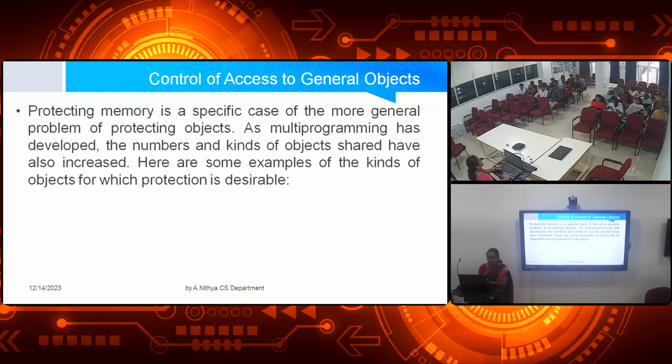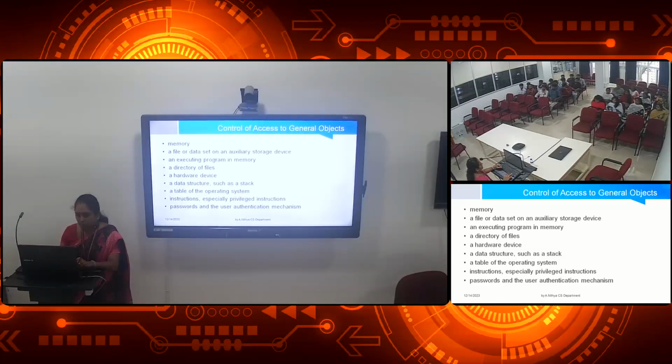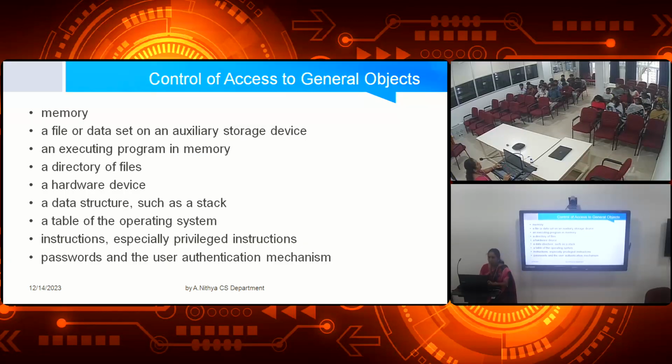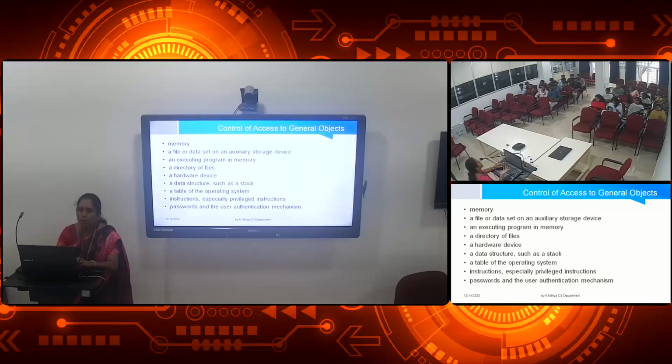Then the next one is control of access to general objects. All these we call objects. Okay, ma? Apart from OS, files, memory, address and everything, how do we provide control of access to general objects?